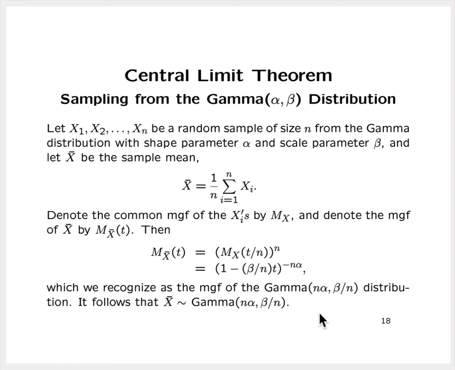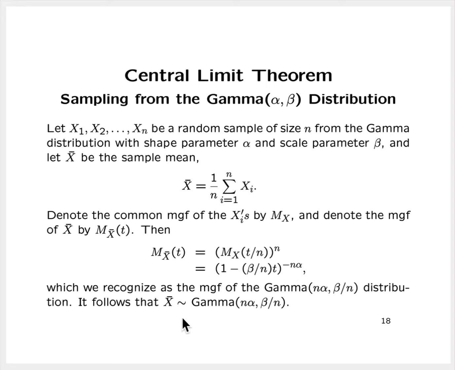And so what we can conclude then, because of this one-to-one correspondence between probability distributions and moment generating functions, is that when we're sampling from a gamma distribution with parameters alpha and beta, and we calculate the sample mean, then the sampling distribution of the sample mean also has a gamma distribution, but with parameters n times alpha and beta over n.